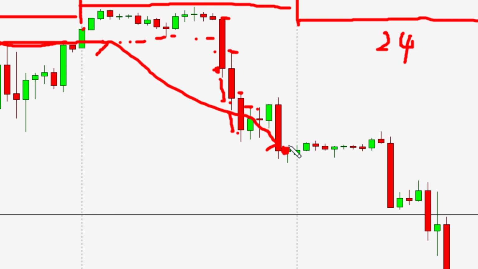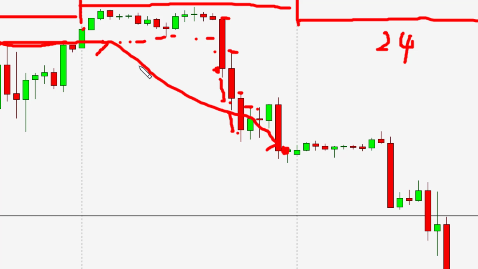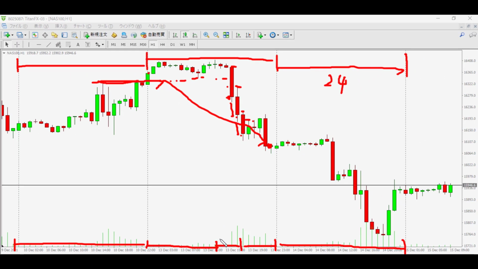So before the closing price on the daily time frame, use the 1 hour or 30 minutes, any other time frame, but I recommend the 1 hour chart because we can identify the high volatility, high volume time zone, like this one.